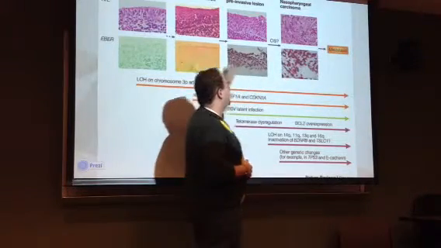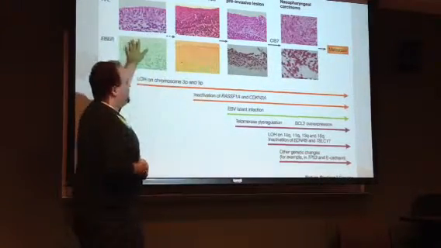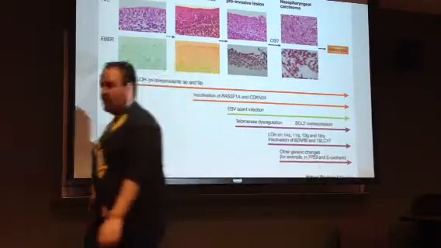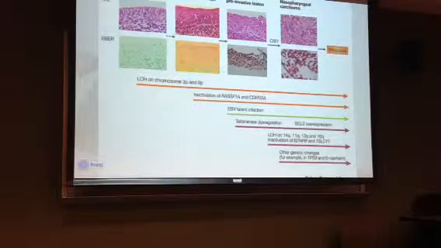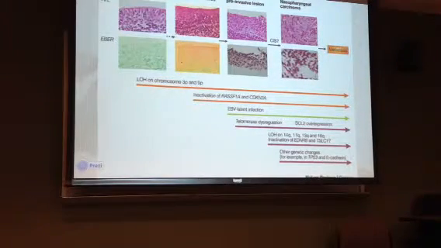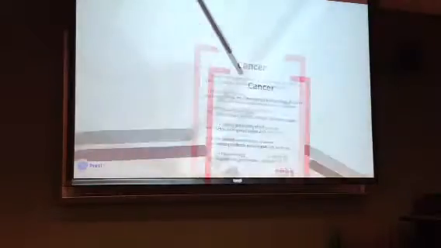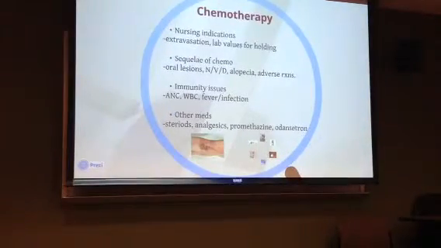So you can see the progression here from normal epithelium all the way to what the heck tissue is that even. But I think it's important because illustrations sometimes don't show you exactly. That's nose cancer.